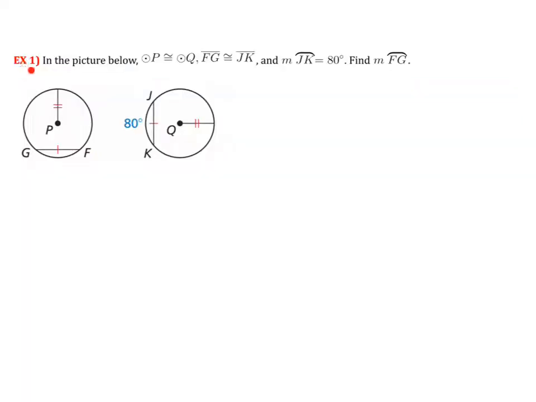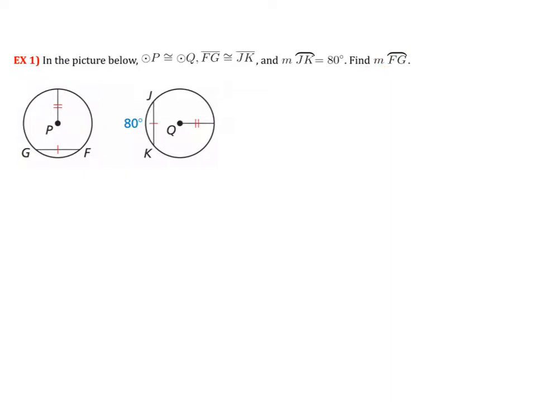Okay, so in example 1, it says in the picture below, circle P is congruent to circle Q. Segment FG is congruent to segment JK, and the measure of arc JK is 80 degrees, and what they want us to find is the measure of arc FG.